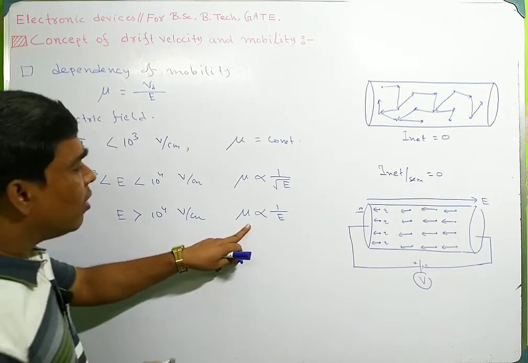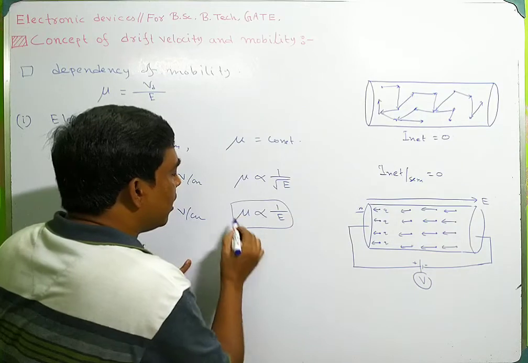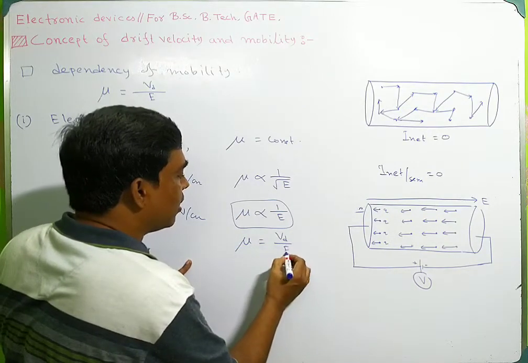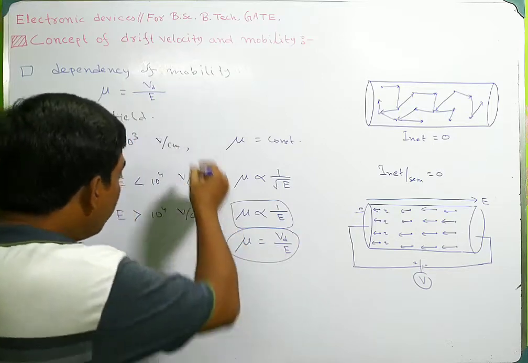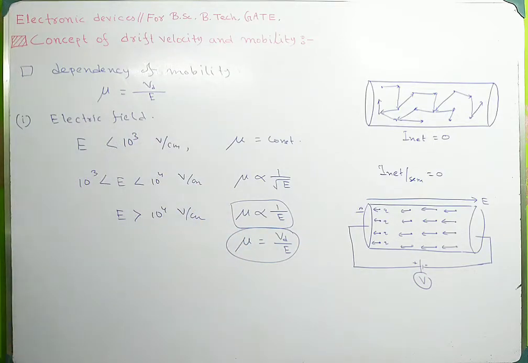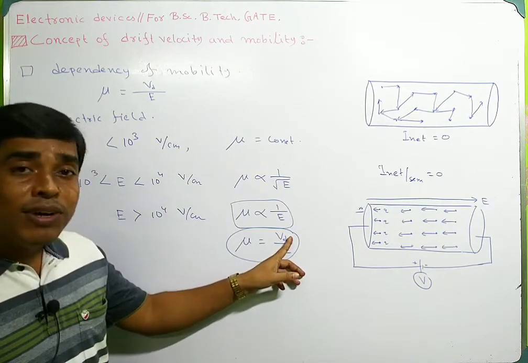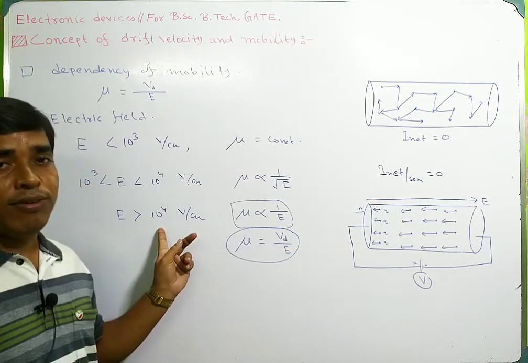So from this equation we can write that V equals Vd by E. From this data we can say that drift velocity is defined for a high electric field.